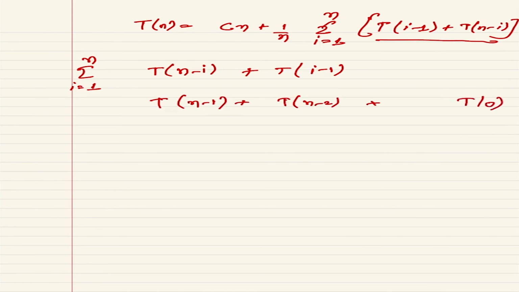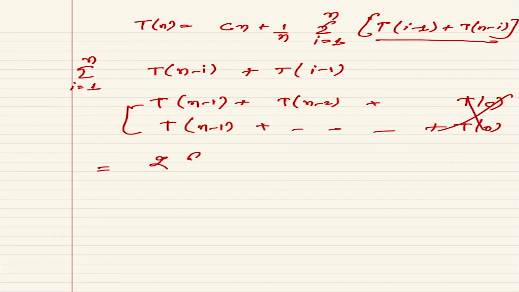Similarly, in i minus 1, I start putting i, so T of 0 plus, and when I put i equal to n, T of n minus 1. So the same terms will repeat, so they will come twice. And this T of 0 I will ignore. So this will give me 2 times T1 plus up to T of n minus 1. This is where I will simplify it.